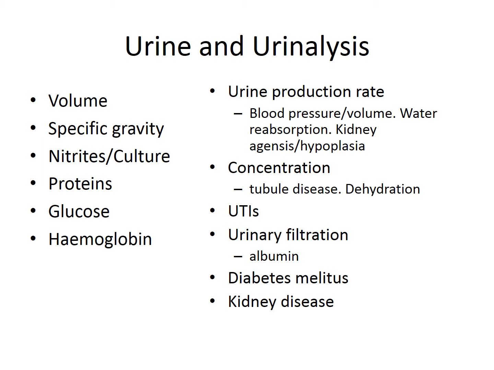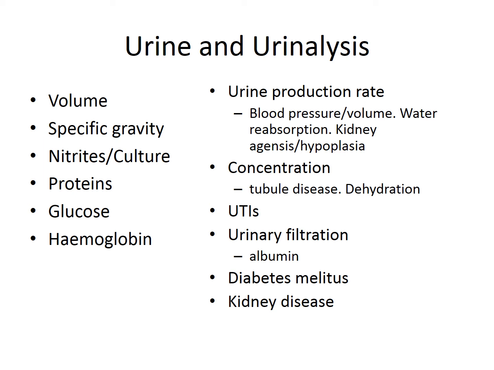Glucose is commonly measured as well, and that can either point towards a problem with the kidney because it's not able to reabsorb glucose normally, or it could be another problem in which levels of glucose entering the kidney in the first place are so massively high that the kidney just can't cope with these large amounts.